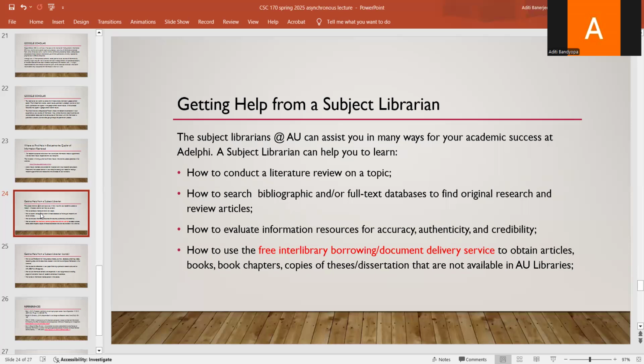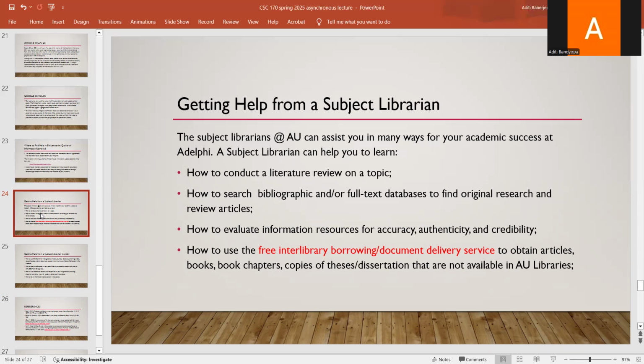A subject librarian can help you to learn how to conduct a literature review on a topic, how to search a bibliographic database or full text databases to find original research and review articles. They can teach you how to evaluate information resources for accuracy, authenticity, and credibility.